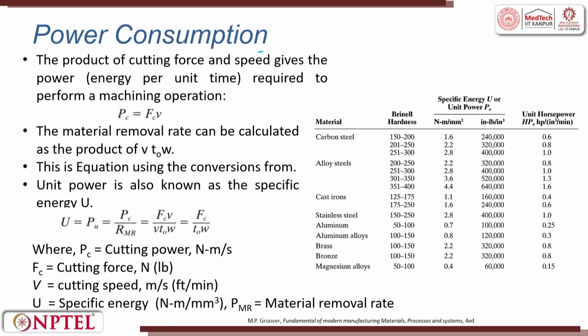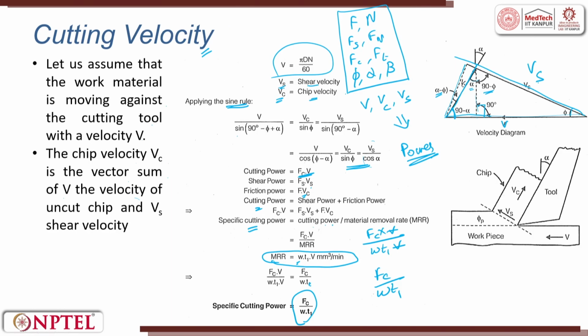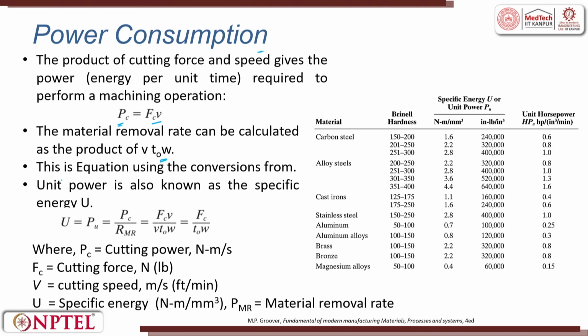So, the power consumption, I have already dealt, is a product of Fc into V. So, the material removal rate can be calculated as V into T naught into W. So, here it will be T naught, do not get confused, it will be T naught. So, the equation can be written as unit power is equal to this divided by unit amount of material.